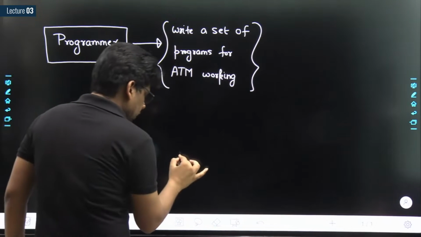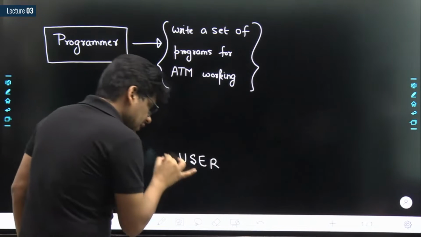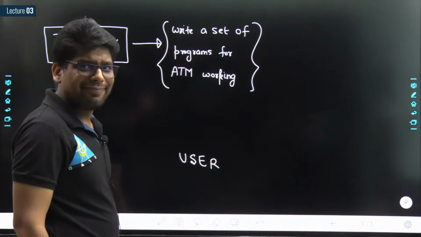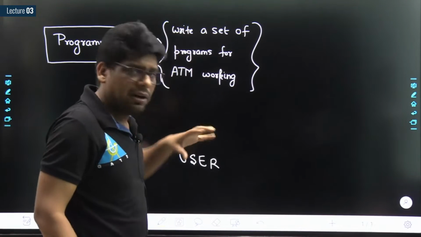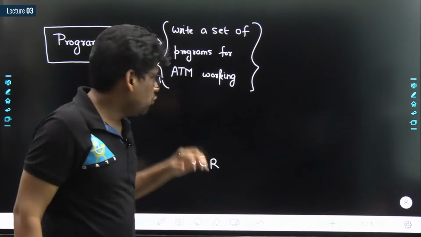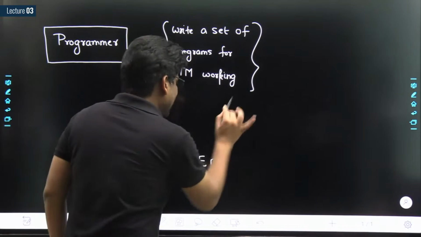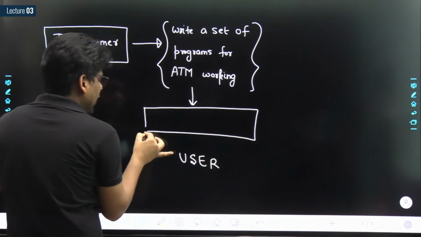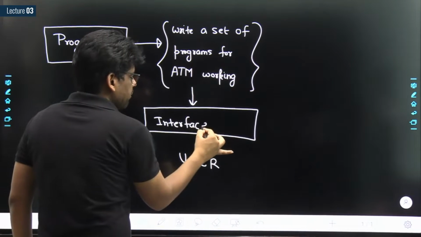Sir, there is a user. Are we providing these programs to the user? Are we providing the code to the user? No, sir. Then what are we providing? Sir, we are providing an interface to the user.